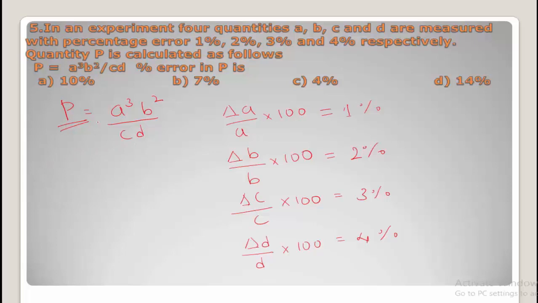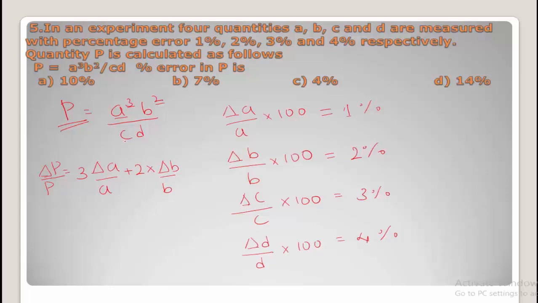If the power value is given, here A raised to 3 and here B square, then the percentage error becomes 3 into delta A by A plus 2 into delta B by B.